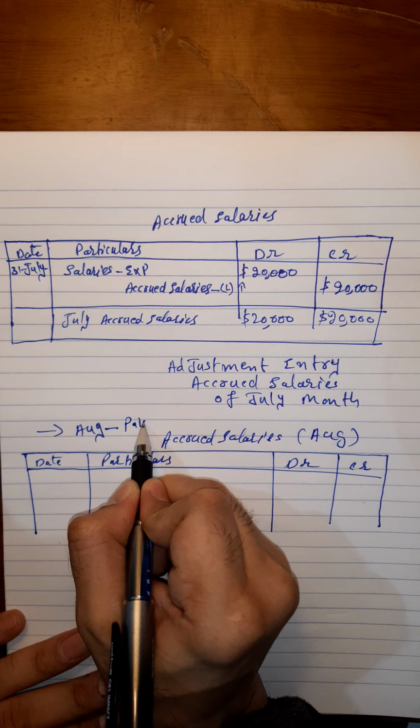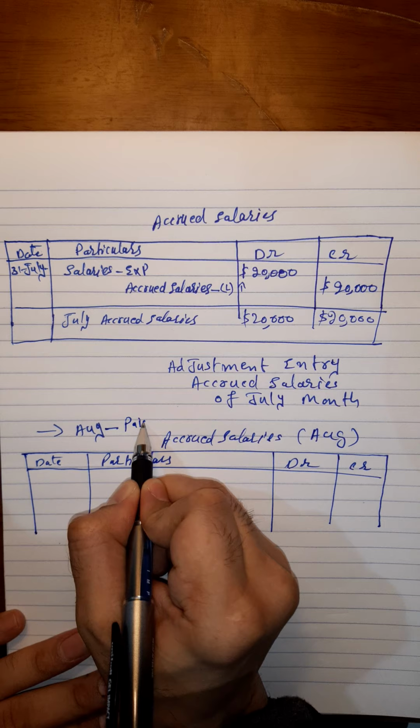Here in August, we will do one more journal entry for the adjustment of this entry. Date, particulars, debit, credit, accrued salaries, August entry. Now this is the month of August.